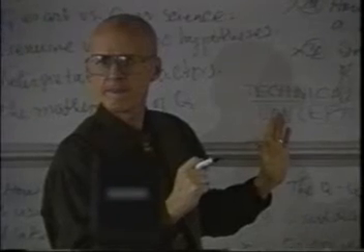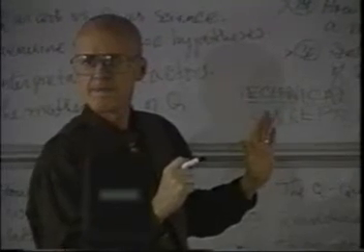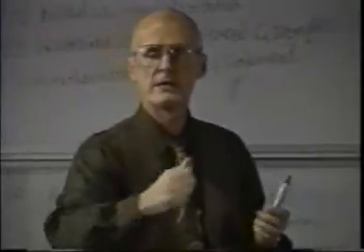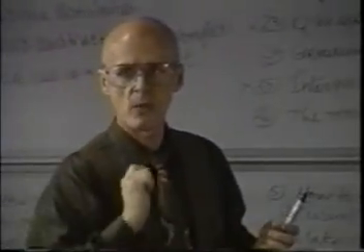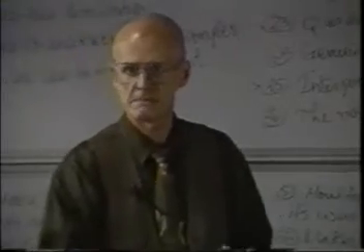So number 30 is number 15. Number 1 is number 1. So once you have them all in serial order, then renumber them in the upper right-hand corner, 1 through 15. All right?